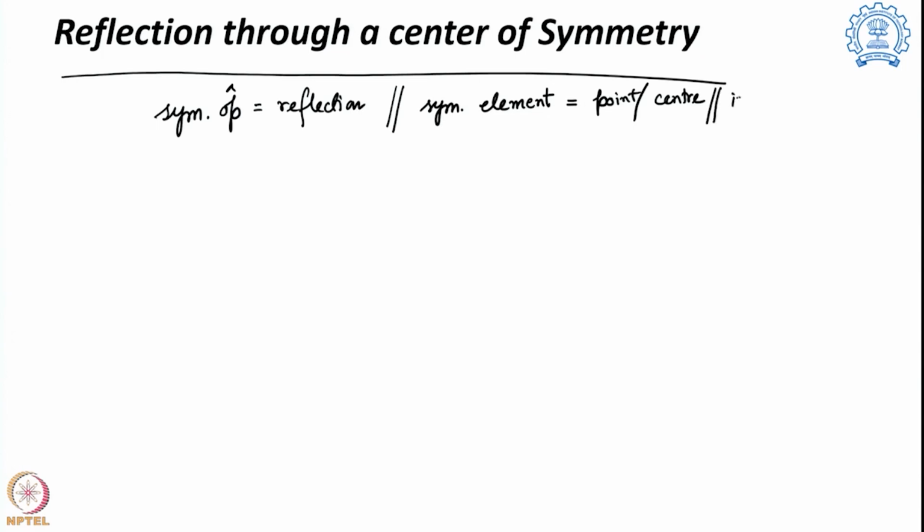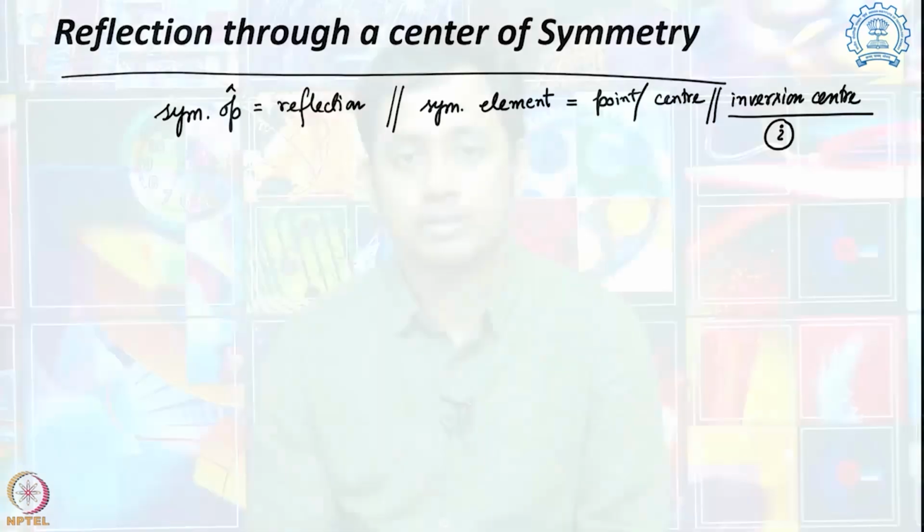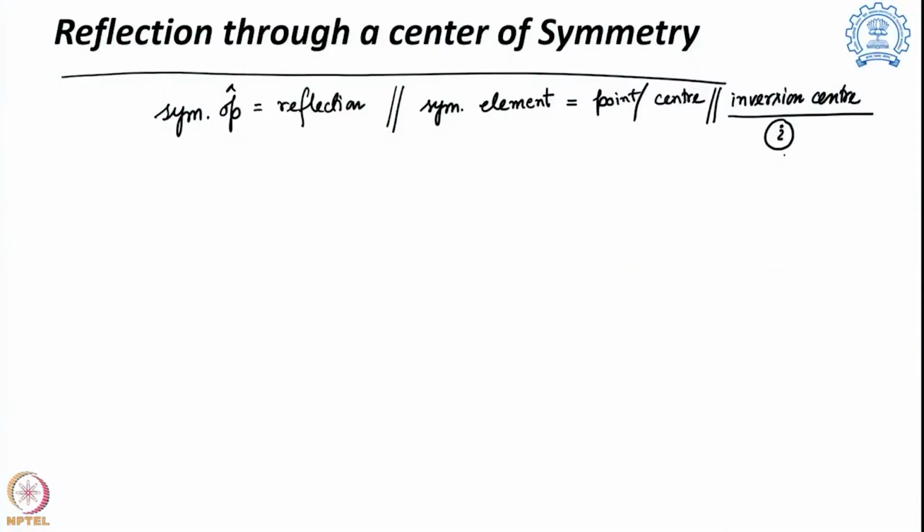Another name for it is the inversion center, and that is why in short form it is called i. As we have seen, the rotational axis of symmetry is defined by Cn, with n in subscript, reflection through a plane of symmetry is defined by sigma, and similarly, reflection through a center of symmetry is defined with this i. Now we will take some examples to define it.